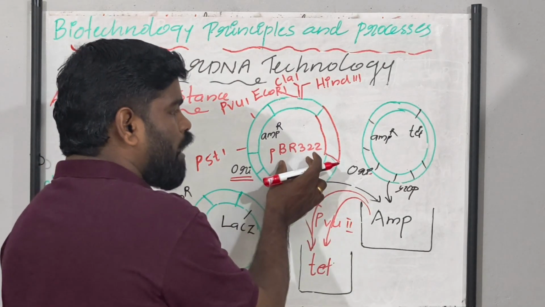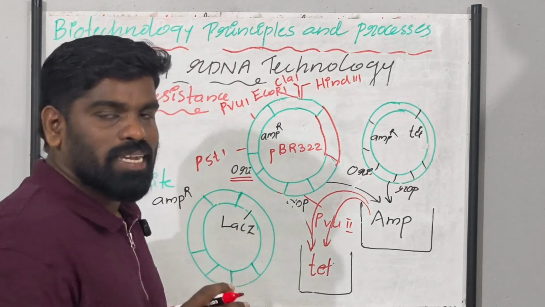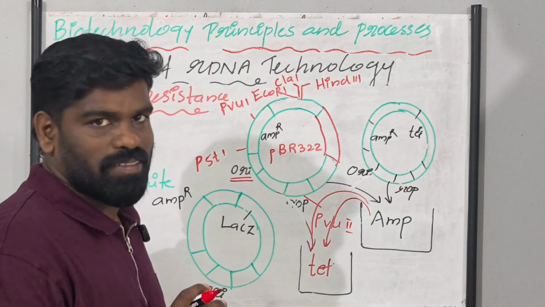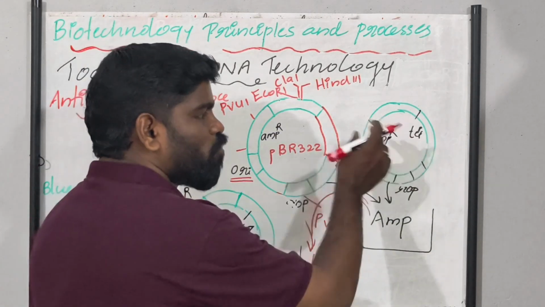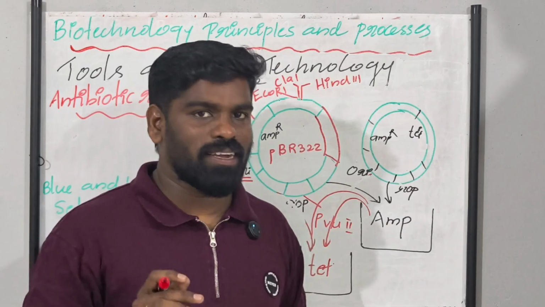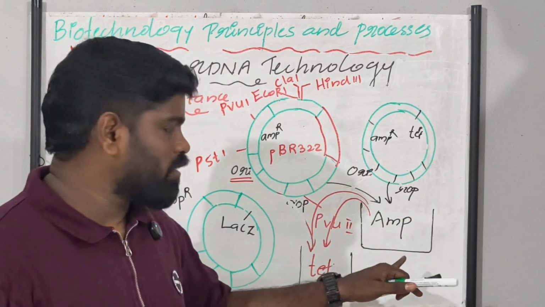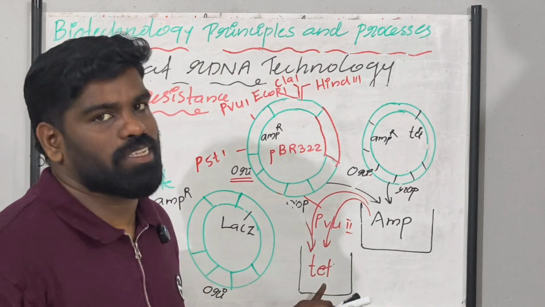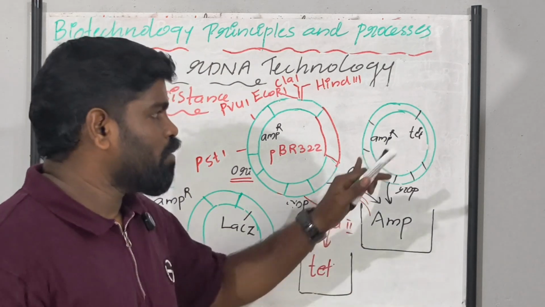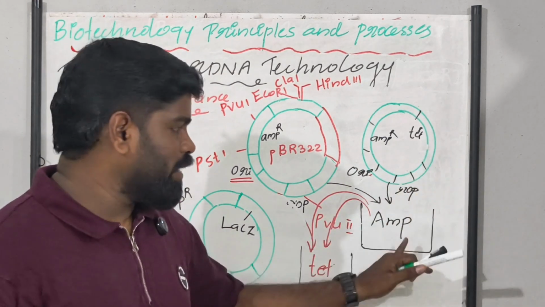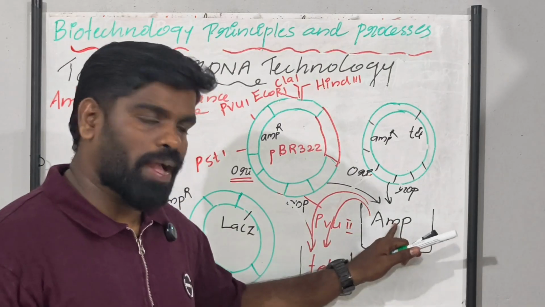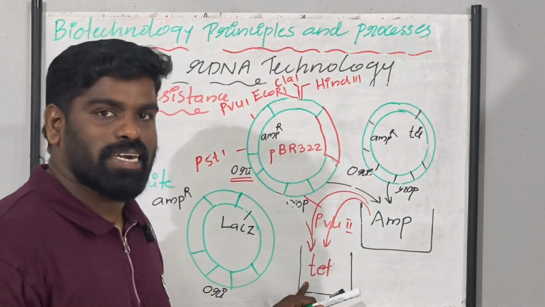The recombinant doesn't have tetracycline resistance, while the non-recombinant has tetracycline resistance. So the recombinant will grow in the ampicillin medium, not in the tetracycline medium. But the non-recombinant will grow in the ampicillin medium as well as in the tetracycline medium.